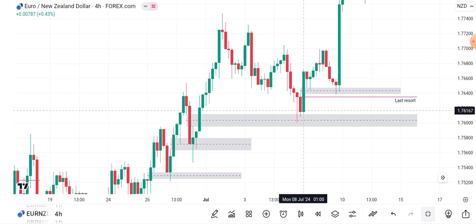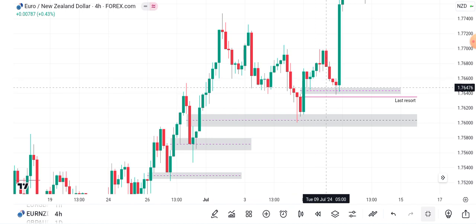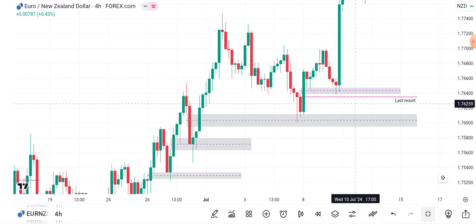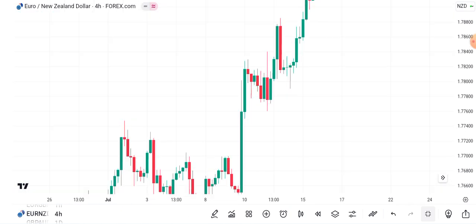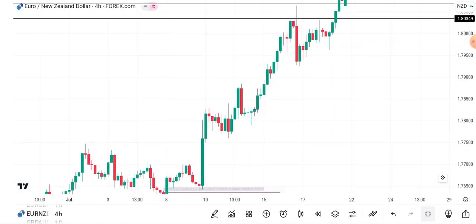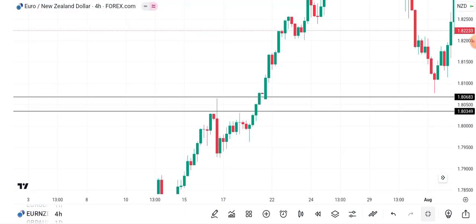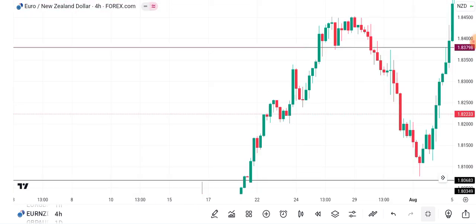It came down like that. On the day I was trading this place, I just marked this place and put last resort. That means if price should break through this place, I was going to be selling it, but eventually price entered into it and of course continued to blow higher. Continued to go higher and higher and higher.